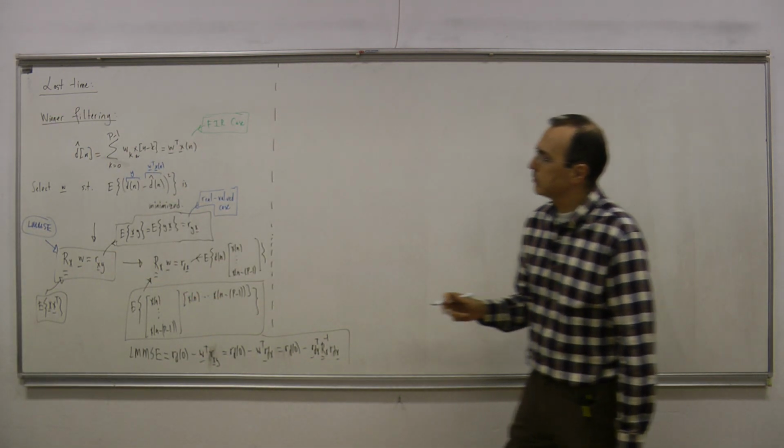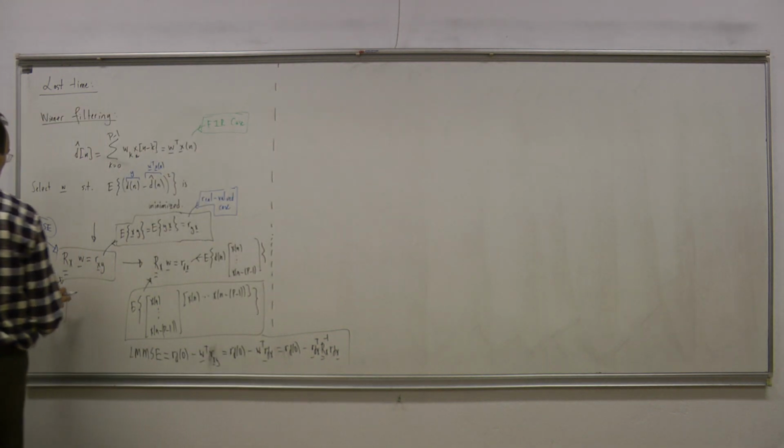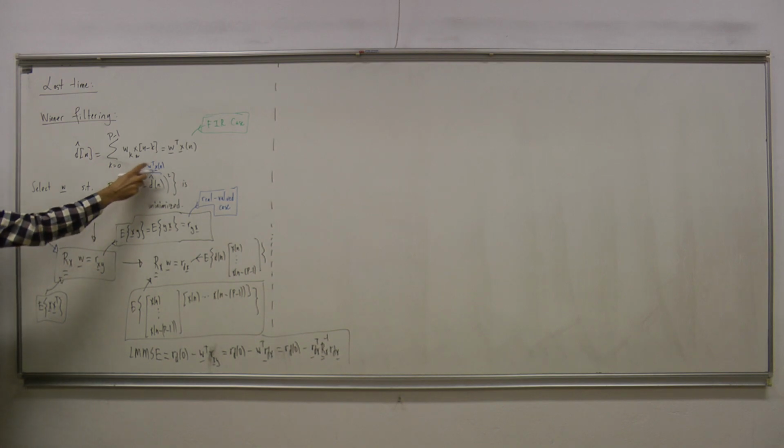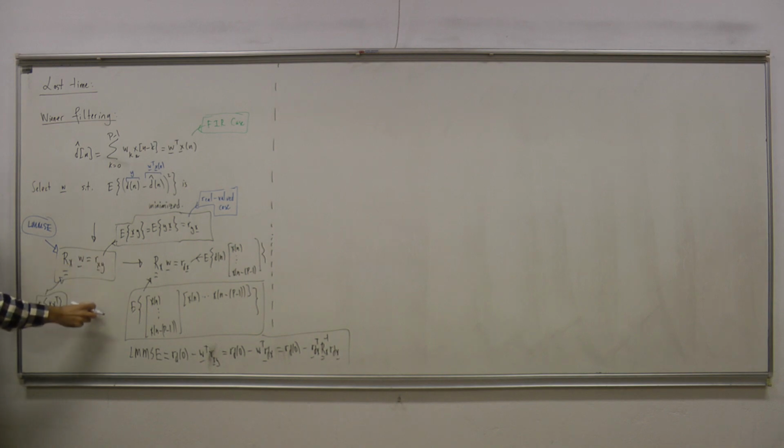Normal equations are in this form. So what is this? The autocorrelation matrix of the observation vector, and the cross correlation of observations and the desired quantity, x and y. So x is a vector, y is a scalar over here.